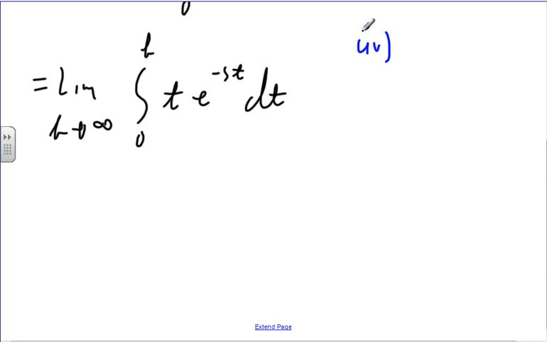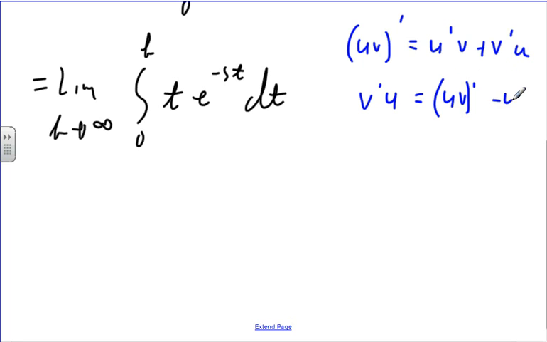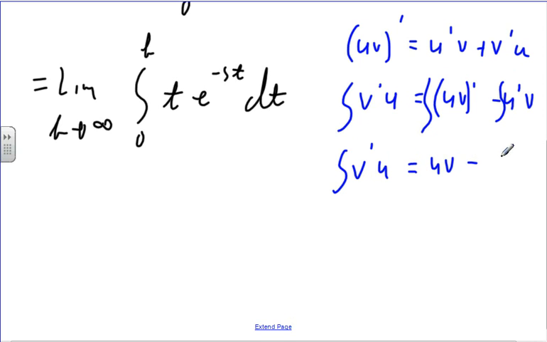So I got u v prime plus u prime v. So if I have v prime u equal to uv prime minus u prime v, and I integrate everything, then the integral of v prime u is equal to uv minus the integral of u prime v.